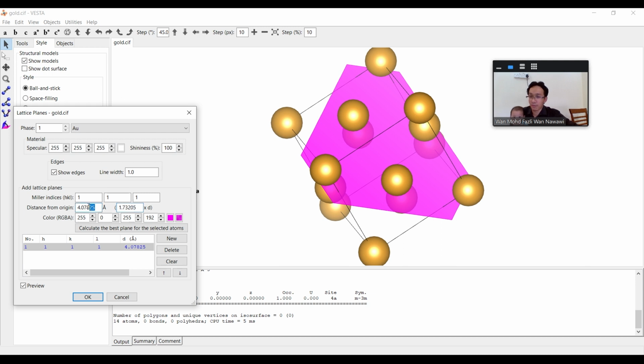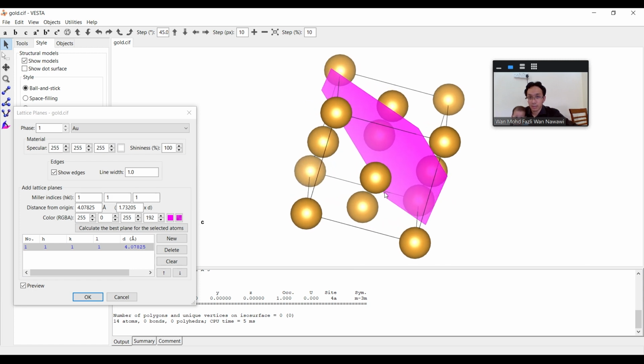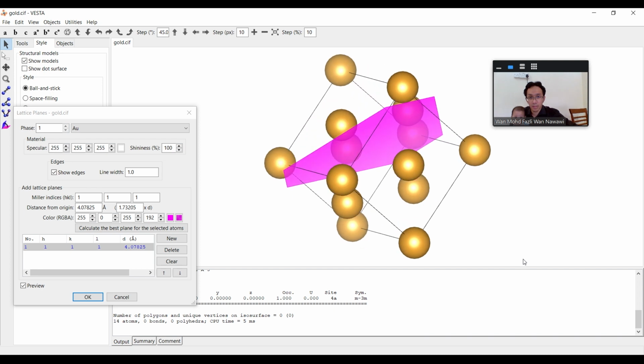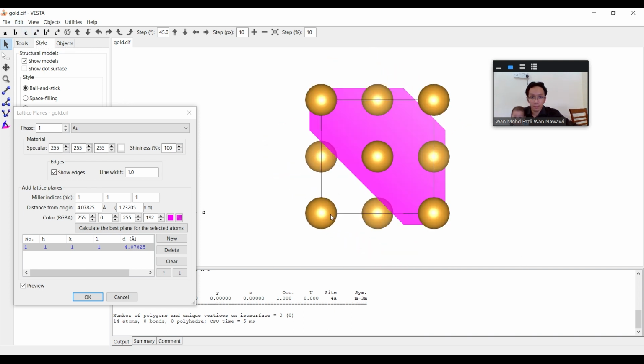This comes from the information inside the file itself, meaning from this atom to this atom, the distance is 4.07825 angstrom. So what does distance from origin mean?